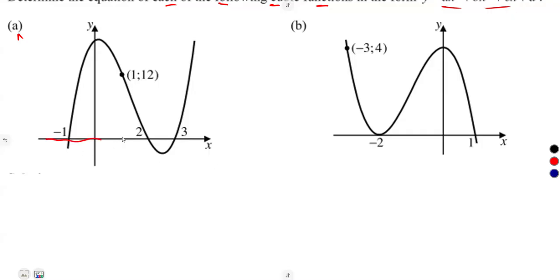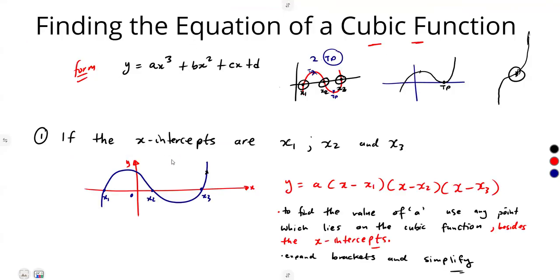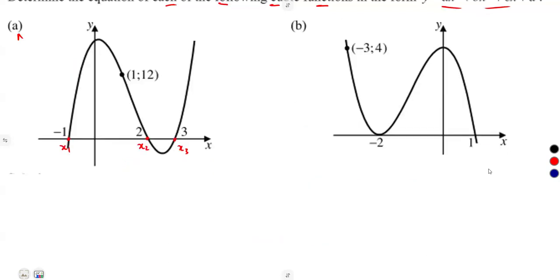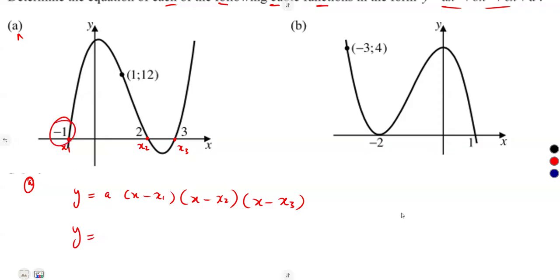we have the x-intercepts of our cubic function, and there are 3 of them. 1, 2, 3. So this will be our x1, our x2, our x3. So when we are given the 3 x-intercepts, the 3 roots of our cubic function, simply write in that format, all right? So that's for our a. y is going to be equal to a into x minus x1, x minus x2, into x minus x3, where these are the x-intercepts.